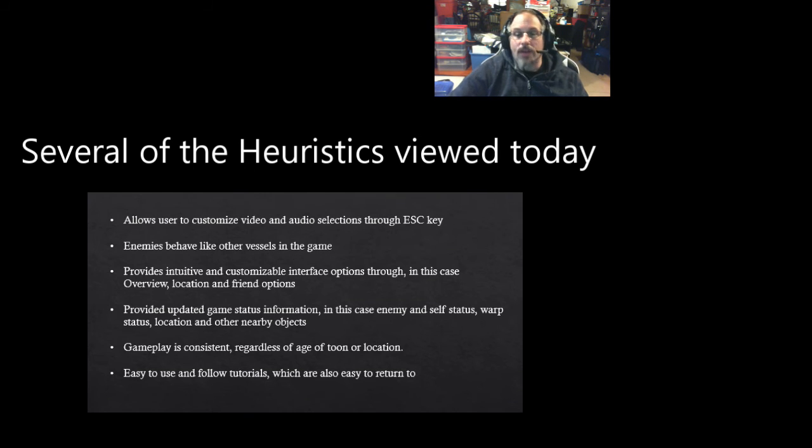So let's go over a brief moment of what we went over today. Heuristics in EVE Online. How you can customize the video and audio selections based on your gameplay. In most cases, the escape key. Provide predictable and reasonable behavior for computer-controlled units. All the enemies act exactly the same. If it's red, it's going to attack you.